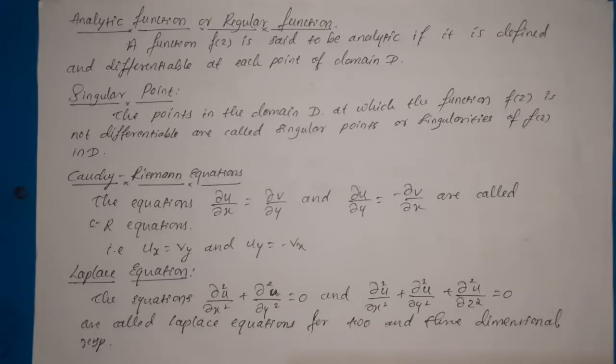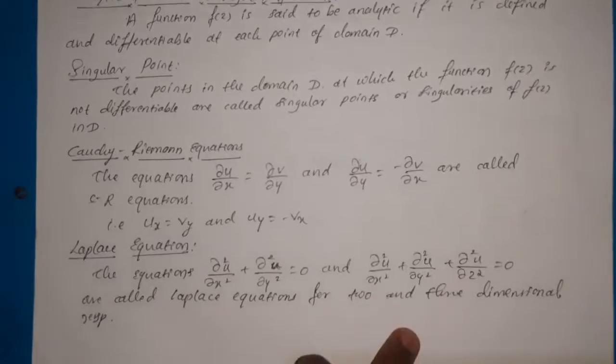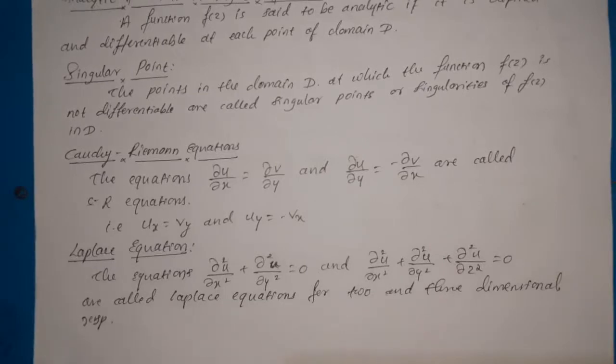Cauchy-Riemann equations. So, the partial derivatives. We already know about partial derivatives. Whenever the function is of more than one variable, we can consider the partial derivative. Here we know that a function of a complex variable is a function of two variables x and y, because each complex variable is expressed as x plus iy, where x is the real part and y is the imaginary part.